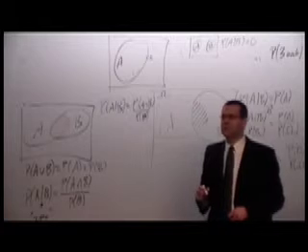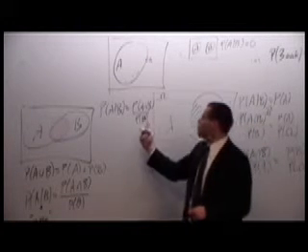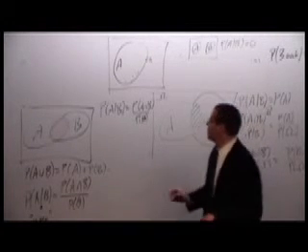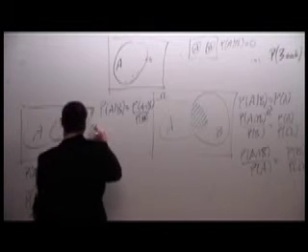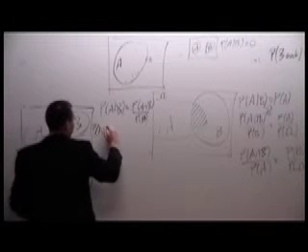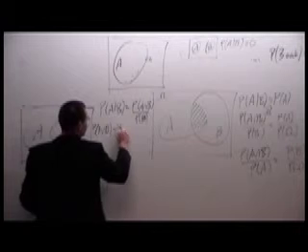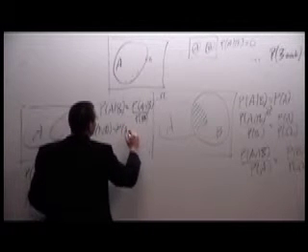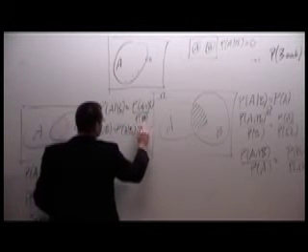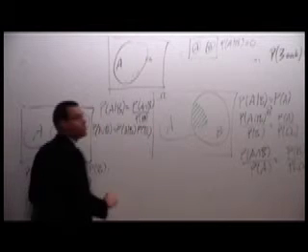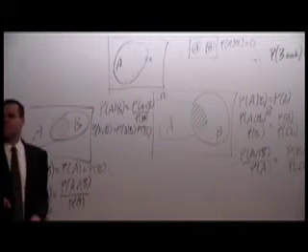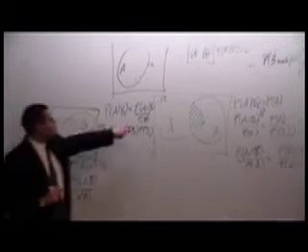By definition of conditional probability. We multiply across by B. So we get that the probability of A and B is equal to the probability of A given B times the probability of B. Yes? We're just multiplying across by B.